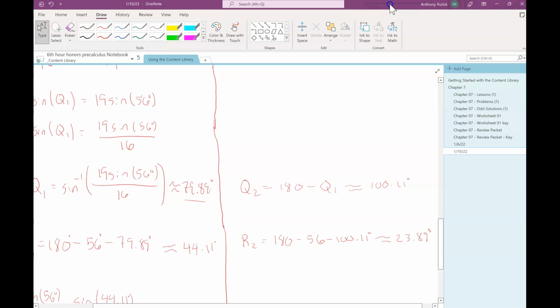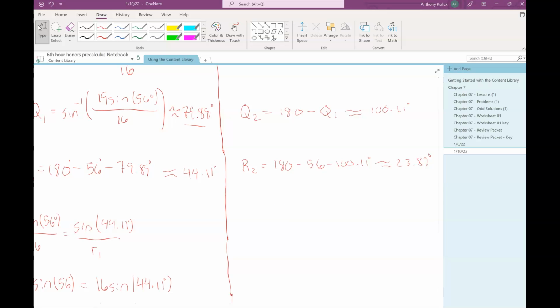And then the last thing I have to do is find R2. Here, though, I have to go back and use the law of sines to do that. So I'll do sine P over P equals sine of R2, which is now 2389 over R2.